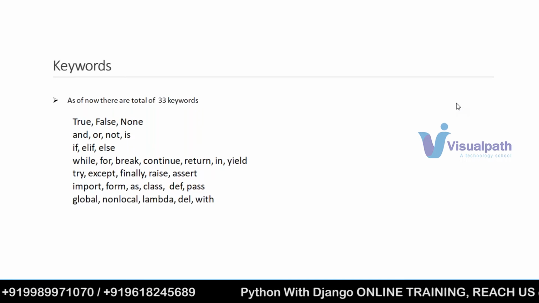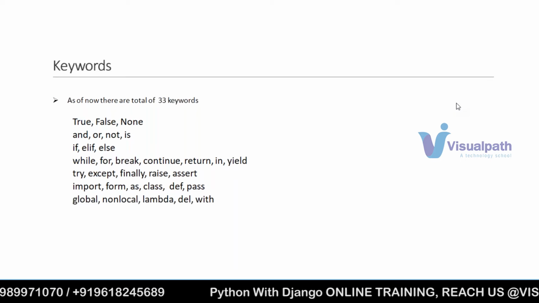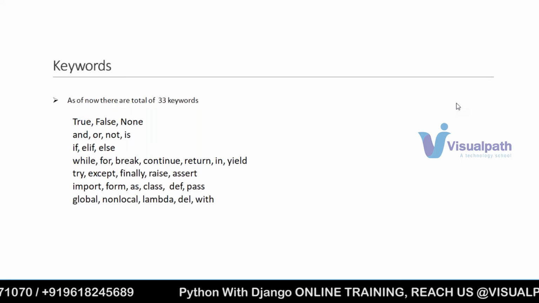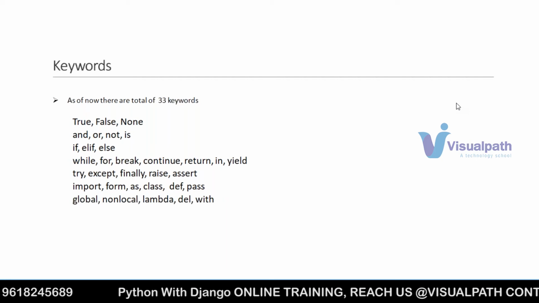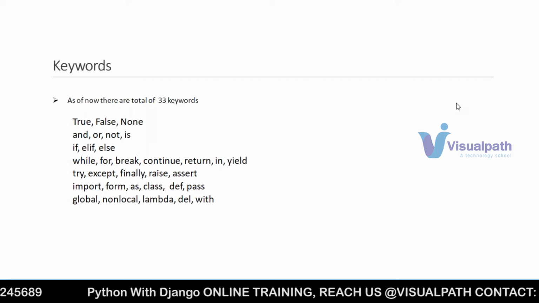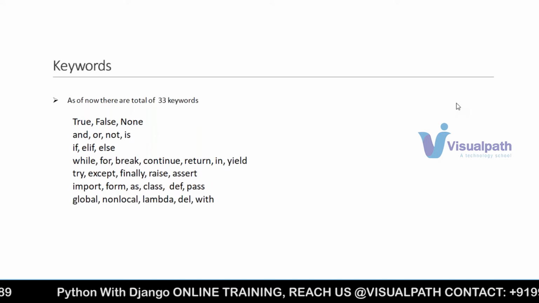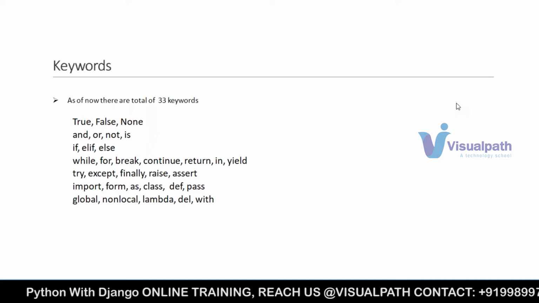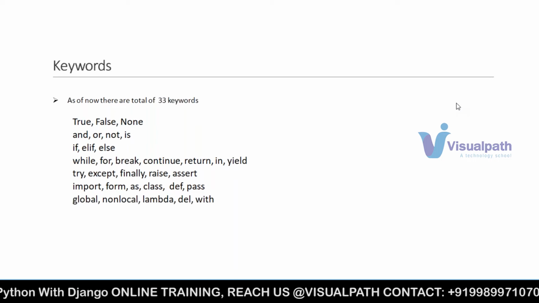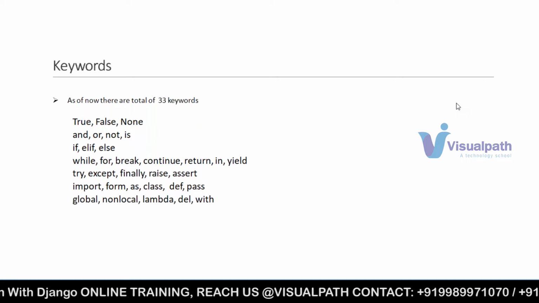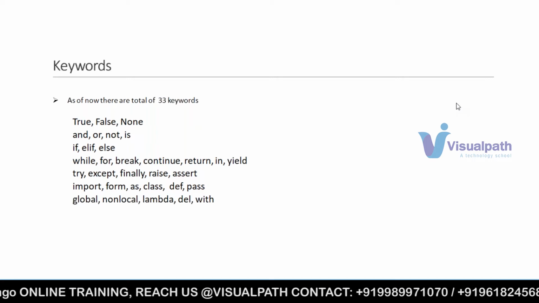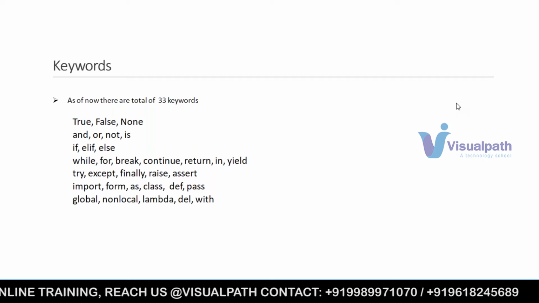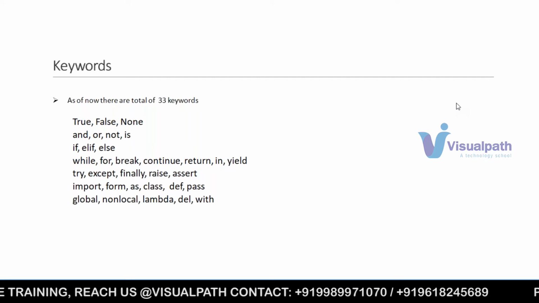What you need to remember is that in the first line, True, False, None, only these three keywords start with a capital letter. The rest of the keywords start with a small letter only. True and False we call Boolean types, and None.